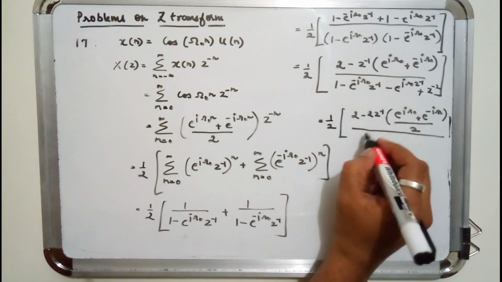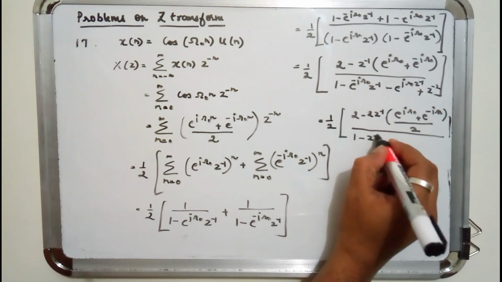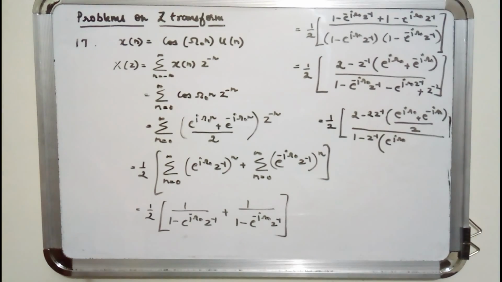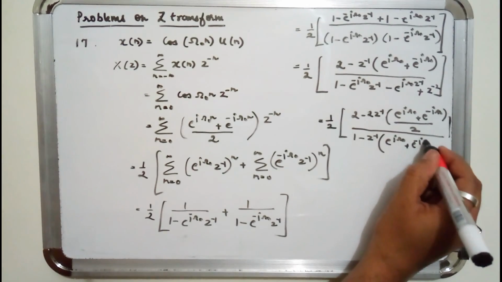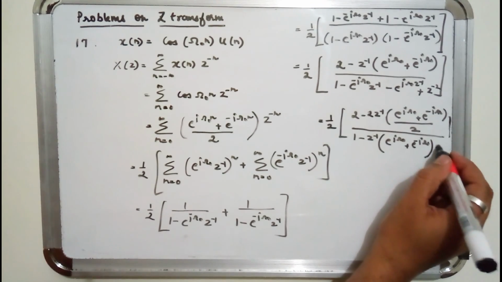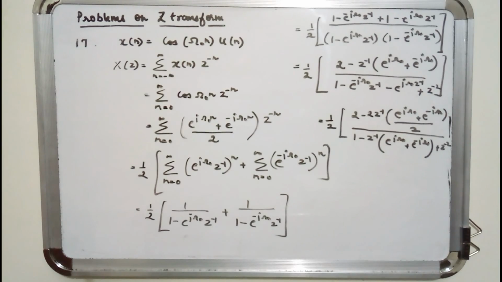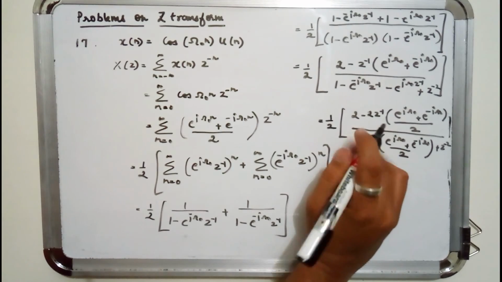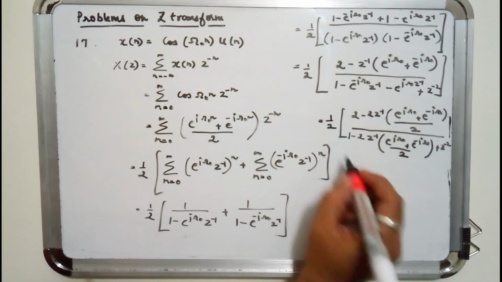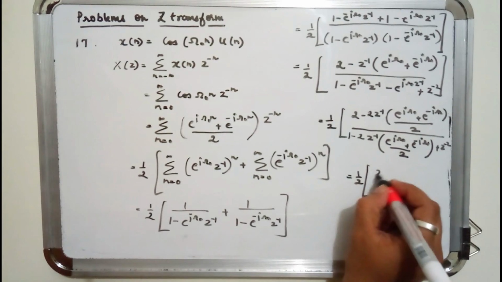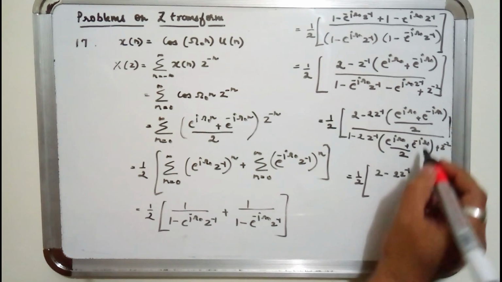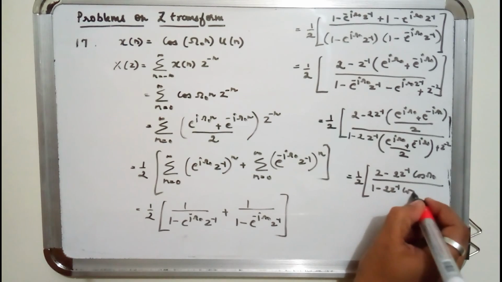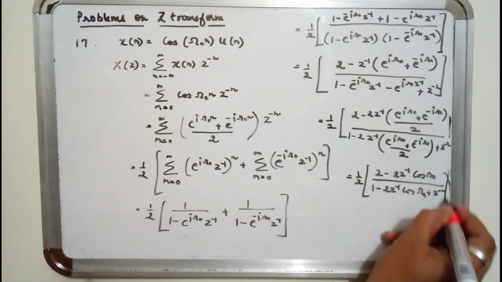Here I'll be getting 1 minus z inverse into e power j omega naught plus e power minus j omega naught, plus z power minus 2. Again I'll divide by 2 and multiply by 2 here. So what I'll be getting is half into 2 minus 2 z inverse, this function is cos omega naught, divided by 1 minus 2 z inverse cos omega naught plus z power minus 2.